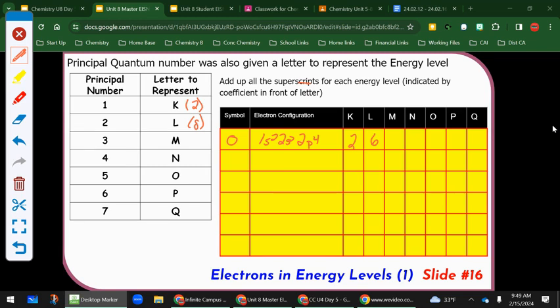S, P, and D. How many fit in the S? How many fit in the P? How many fit in the D? What's 2 and 6 and 10? 18. Now, granted, the 3d's do not fill until the fourth energy level, but they are still part of the third energy level.